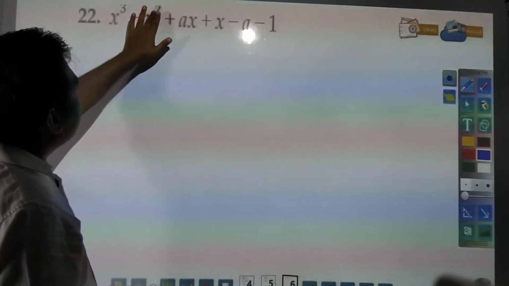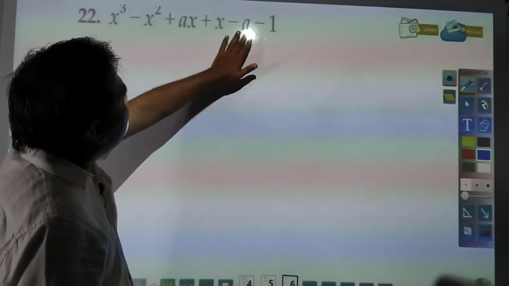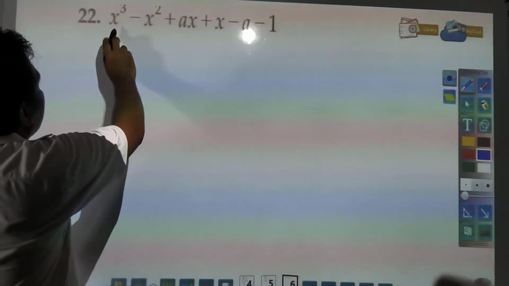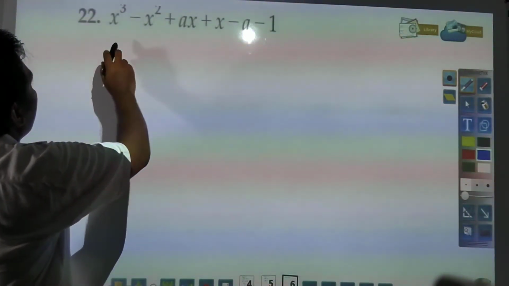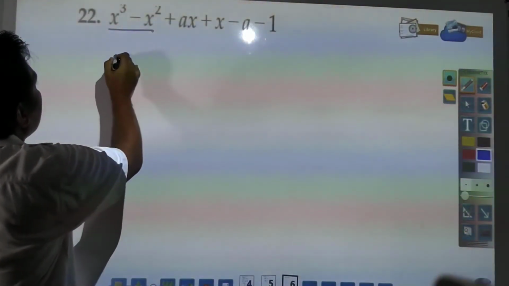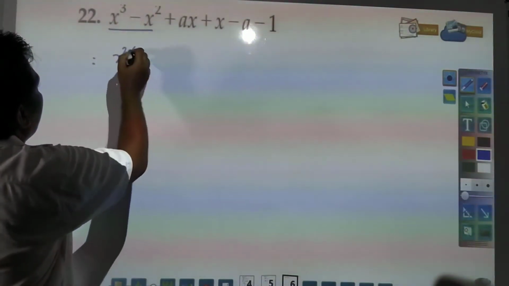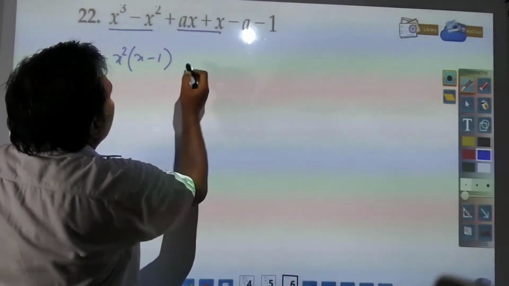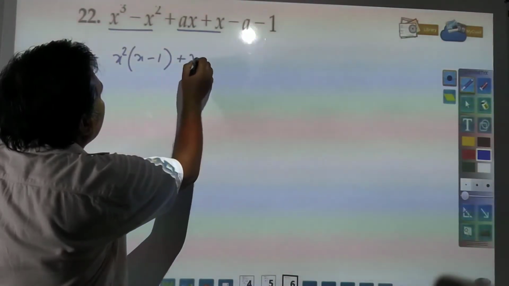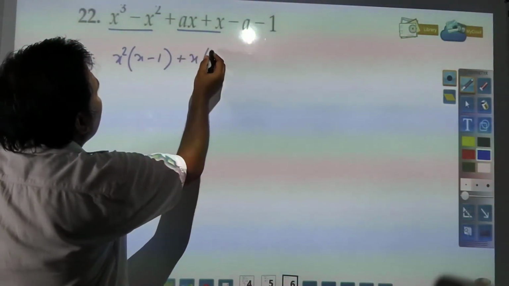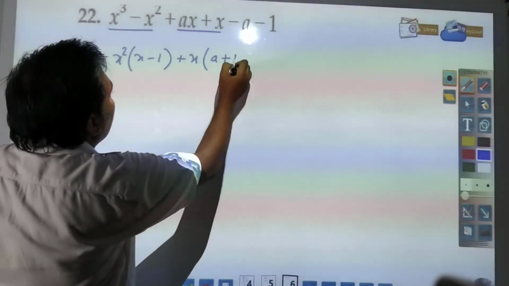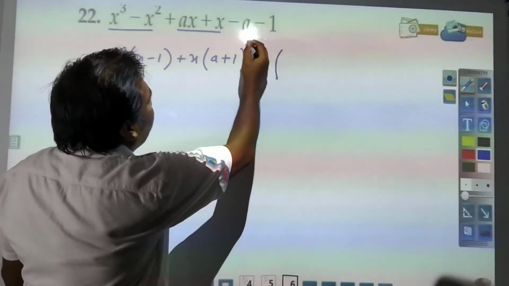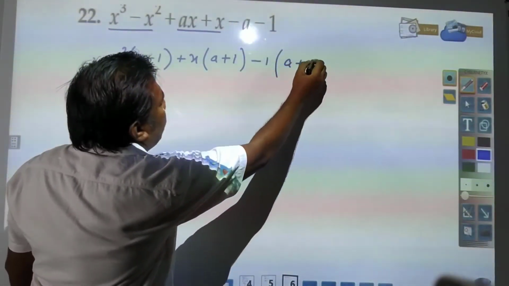x cube minus x square plus ax plus x minus a minus 1. Now what to be done here, you see x cube minus x square we have, so we can take out common x square, so we will be left with x minus 1, and then here you see we have common x, so plus x we will take, so we will be left with a plus 1, and here you see minus 1 can be taken out and we will be left with a plus 1.